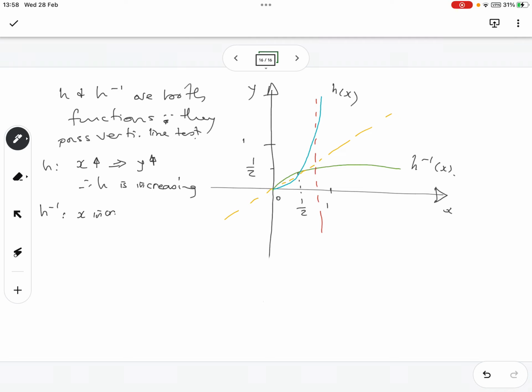And for the inverse, as x increases, y also increases. Therefore, h inverse is increasing.